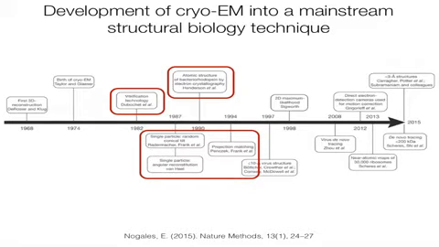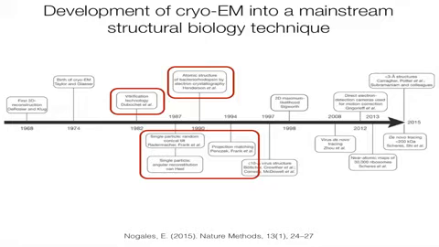A number of early image processing procedures were developed also in the 80s, for example, assigning orientations to individual particles, for performing reconstructions, and for many other steps of the cryo-EM workflow. Computational methods really continue to constitute the backbone of current development.